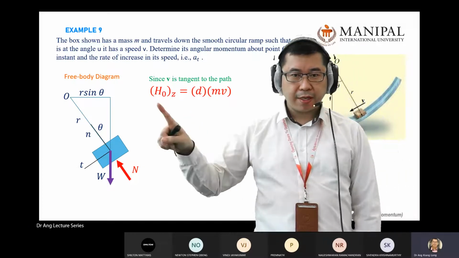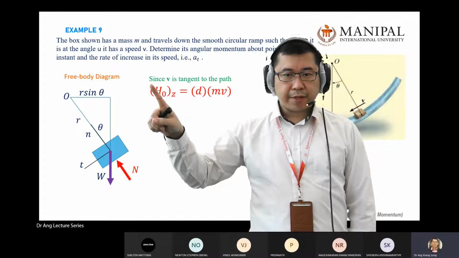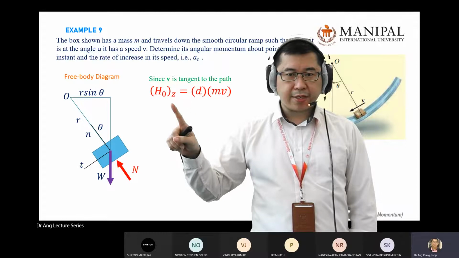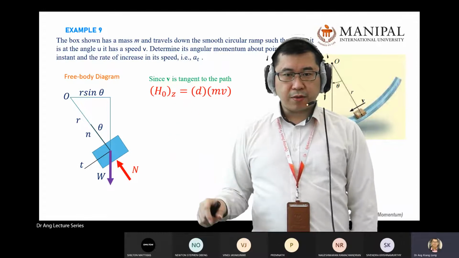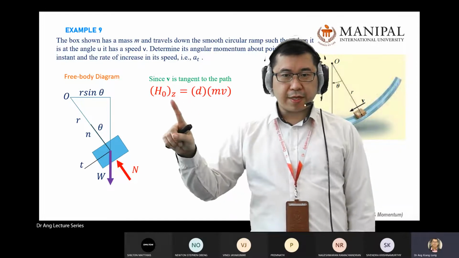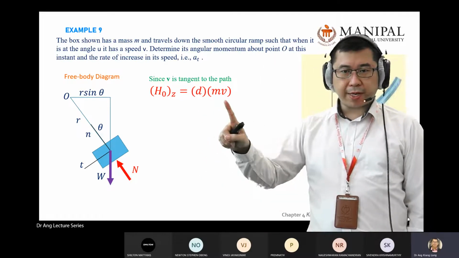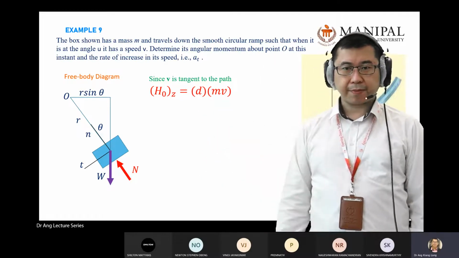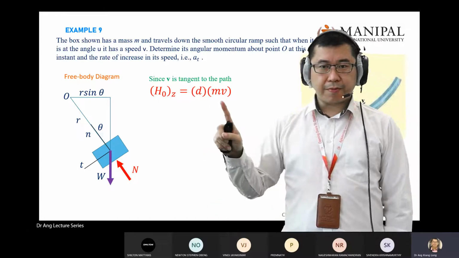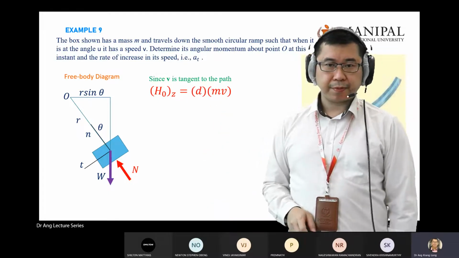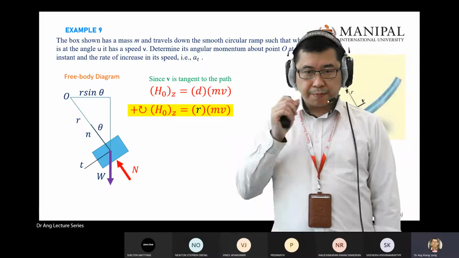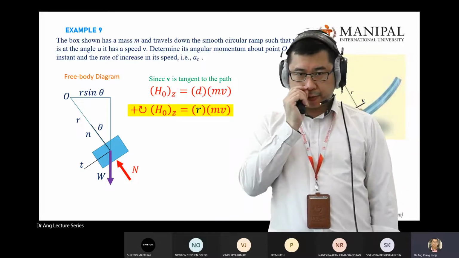Angular momentum, H_O in the Z direction. You know that the angular momentum is in the Z direction. You take D multiplied by momentum. Substitute the values inside there.